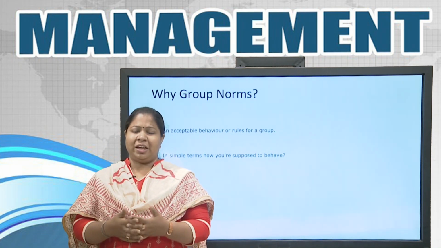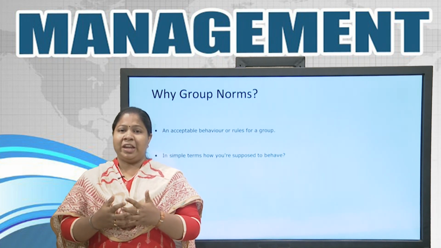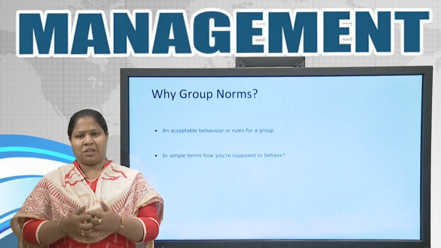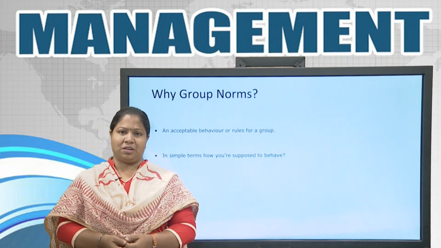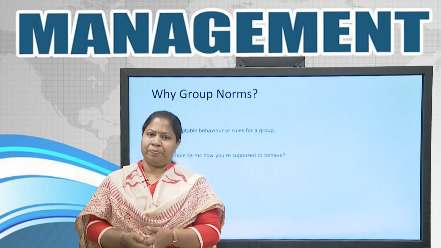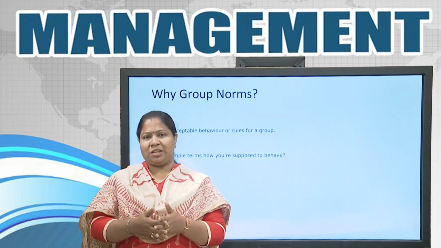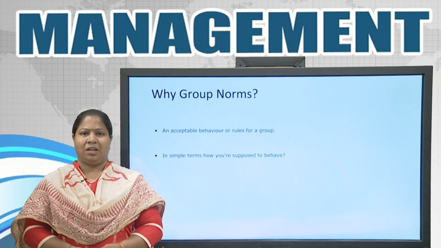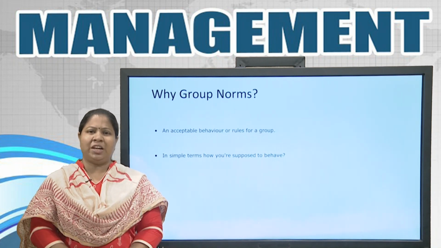So, this is an informal group. Here you don't have rules to follow. In an organization, if you see similar kind of behavior from each and every individual of that group, then chaos will generate.